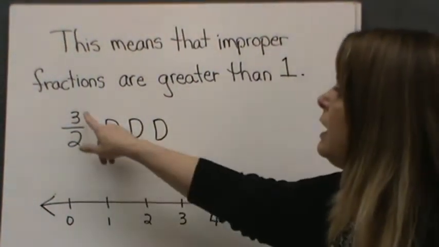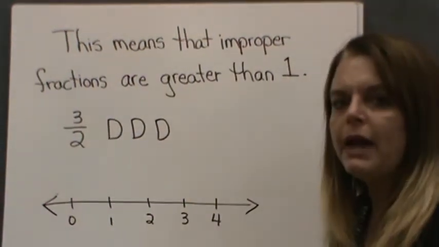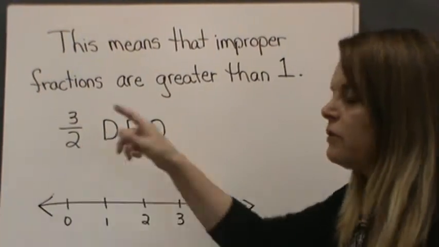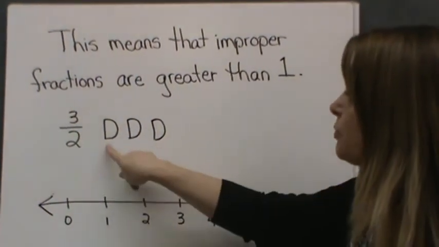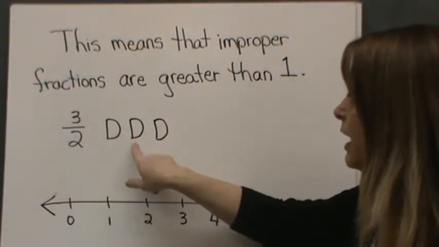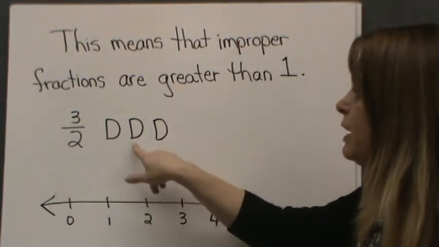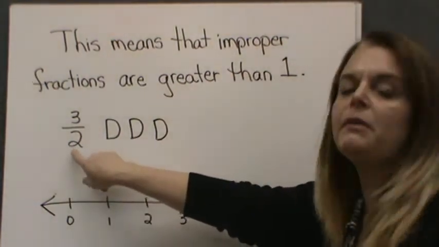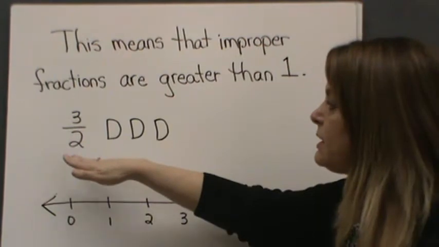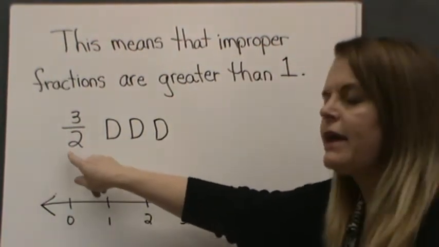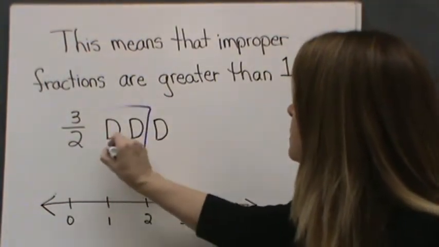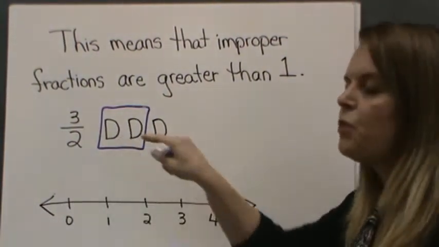So let's look. We said that the fraction 3/2 is an improper fraction because the numerator is bigger than the denominator. So if I have 3/2, this is half of a circle, another half, and another half, so I have 3 of those. My denominator still tells me how many it takes to make a whole. So how many does it take to make a whole in this case? It takes 2. So if I put 2 in a box, that's 1.